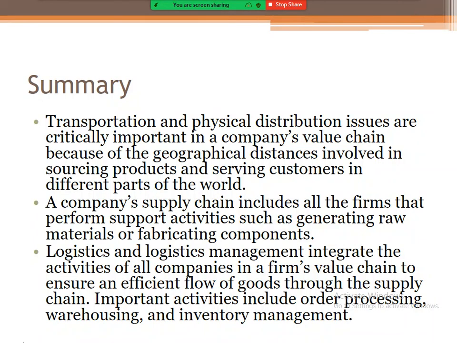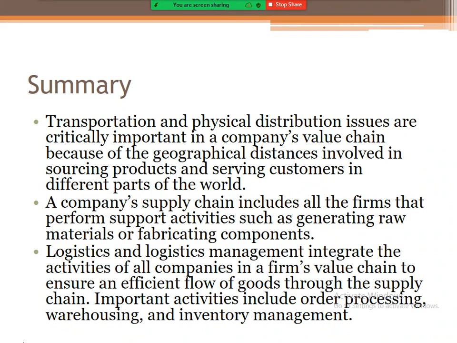Then, transportation and physical distribution issues are critically important in companies' value chain because of the geographical distances involved in sourcing products and serving customers in different parts of the world. A company's supply chain includes all the firms that perform support activities such as generating raw material or fabricating the components.